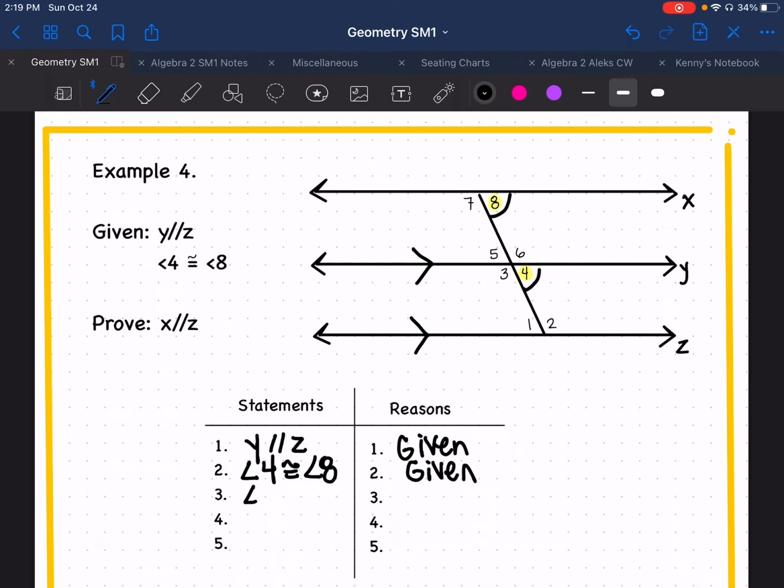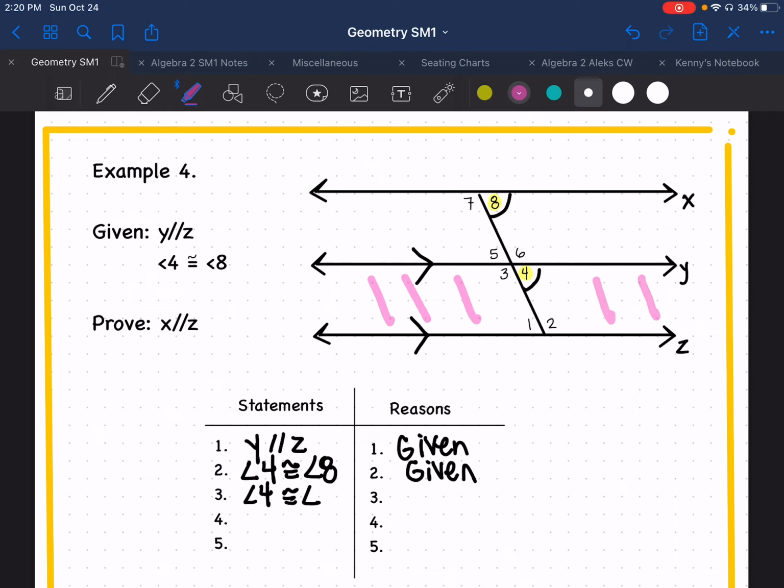I want to say that angle 4 is congruent to which angle in line Z? Not to X, to Z. Okay, which angle in Z is angle 4 equal to? Well, there's only two of them. Is it equal to 2 or is it equal to 1? This one or this one? Well, if you remember, these would be considered interior angles. So let's grab our marker.